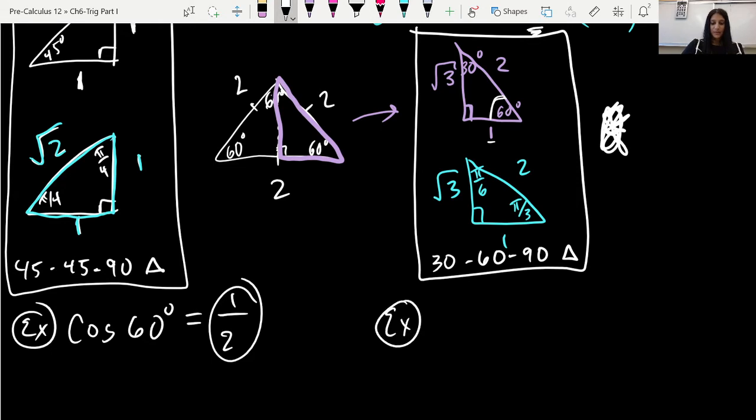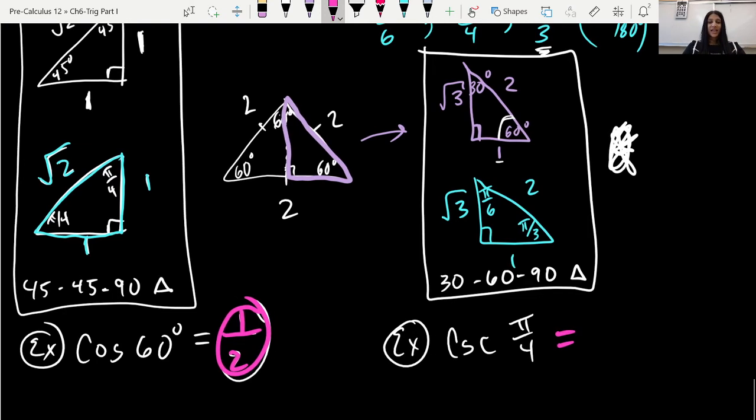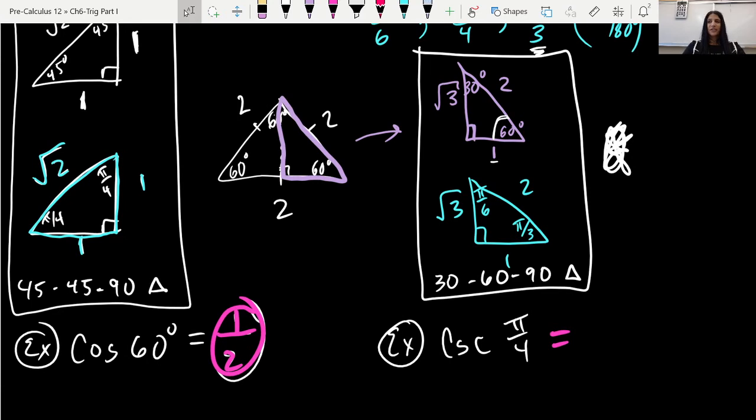If, for example, we have cosecant of pi over 4, when I go to solve this, I should have done this in hot pink, so let's do that for this one. Cosecant of pi over 4, first of all, I would think, cosecant is the one that goes with sine. So in my triangle here, I would look to pi over 4.